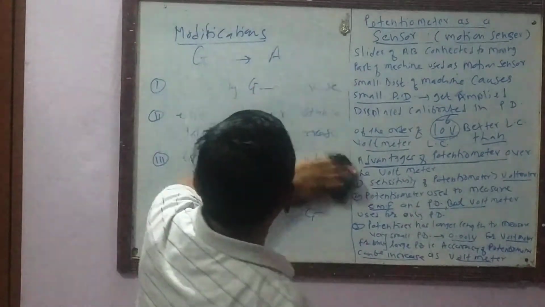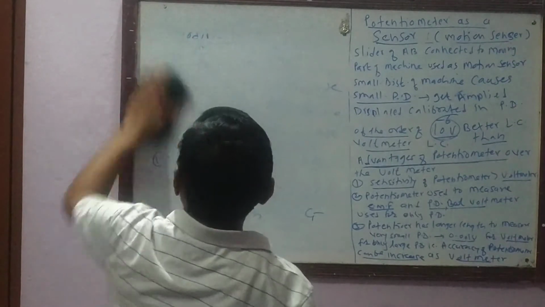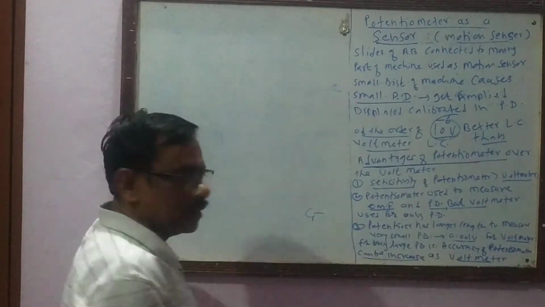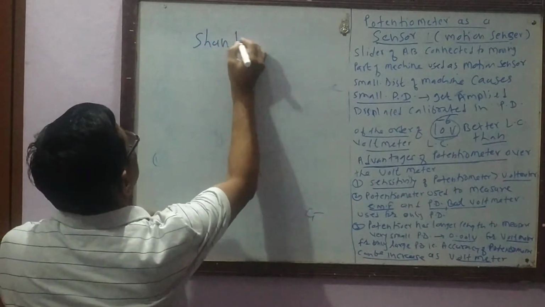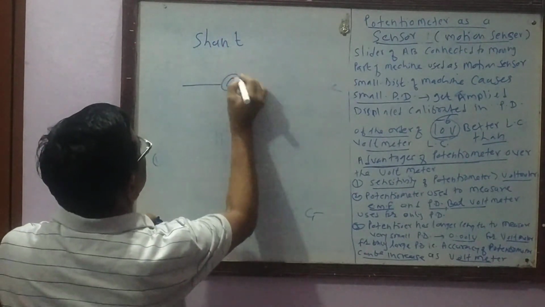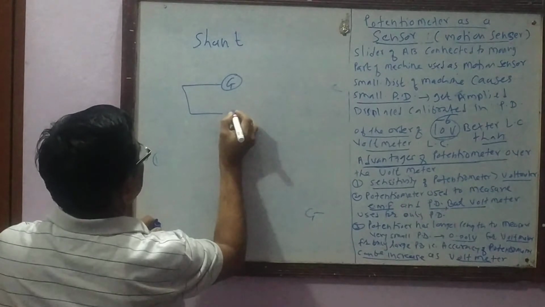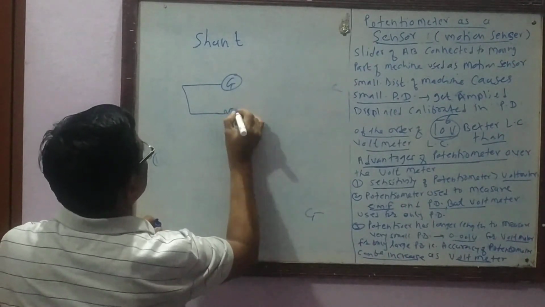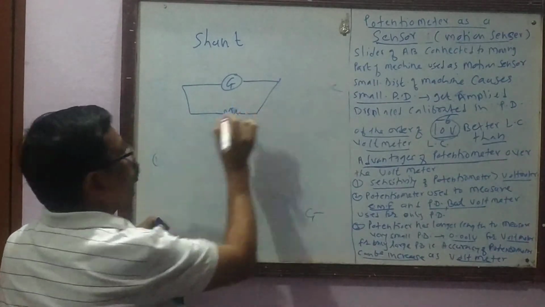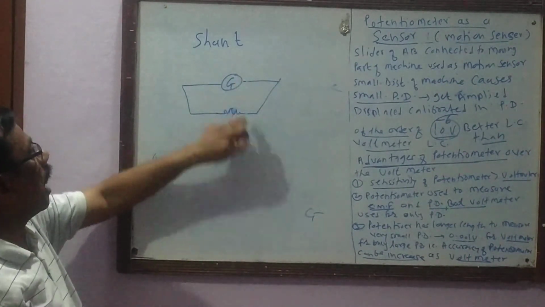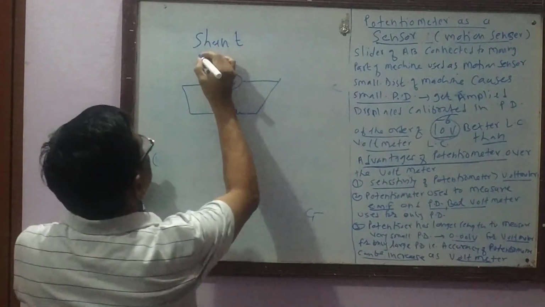Now here, the parallel resistance is called the shunt resistance. Suppose that is the galvanometer G and this is the shunt resistance, that is S, which is connected in parallel with the galvanometer. And what are the uses of shunt resistance?